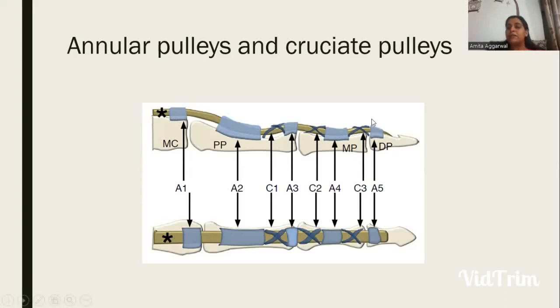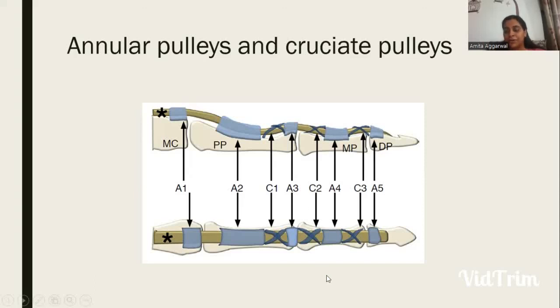They help to maintain the stability of the various tendons passing through them and prevent their bowstringing action, as most of these tendons are multi-joint. Otherwise there are chances that impingement can happen, and later on nodule formation or tendon sheath involvement can happen. But they help to maintain very good stability. They are present in this direction, while there are 3 cruciate pulleys also, which are present in oblique directions, and they are cruciform in nature.